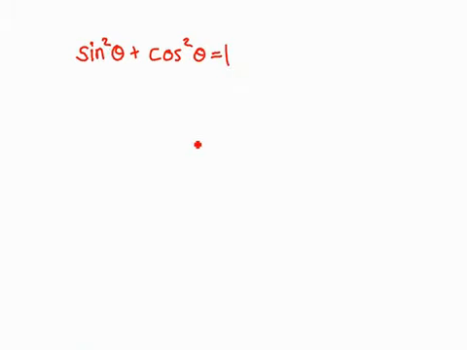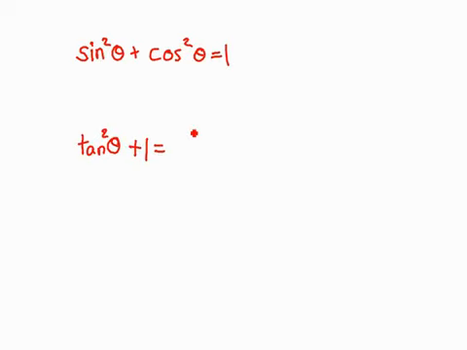Excellent. Well, then what we did is, all we did was a simple algebraic manipulation, which basically means we divided both sides of the expression by cosine of theta squared. Well, sine of theta squared divided by cosine of theta squared is tan of theta squared. And then cosine of theta squared divided by cosine of theta squared is 1.